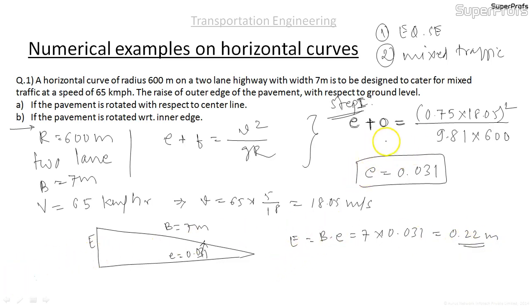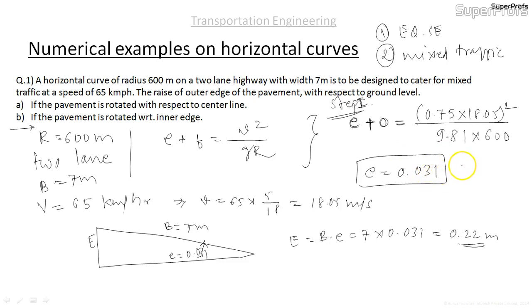Here it is important to note that we have stopped at step 1 itself because the question neither speaks about the maximum super elevation nor about the type of terrain. Therefore there is no need to compare it with Emax.